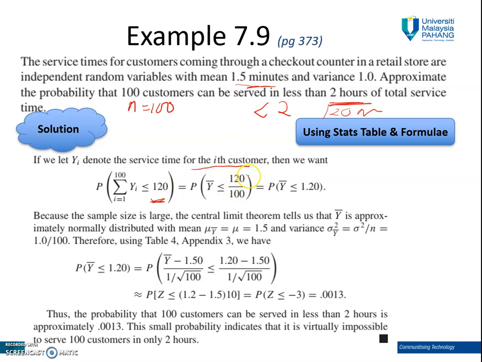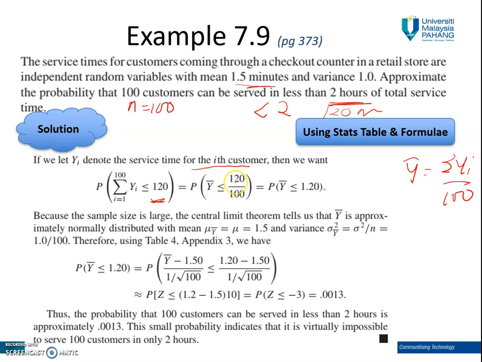You know that this is 120 minutes, and how many samples do you have? 100. So how do you get Y bar? Y bar is the summation of Yi over 100.